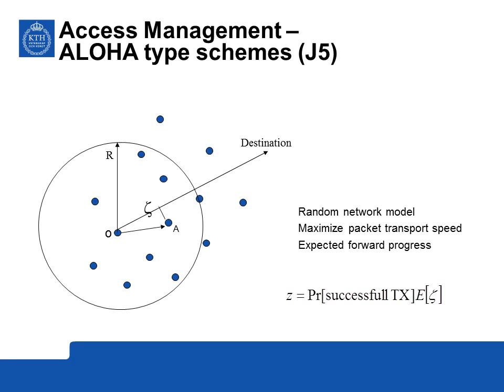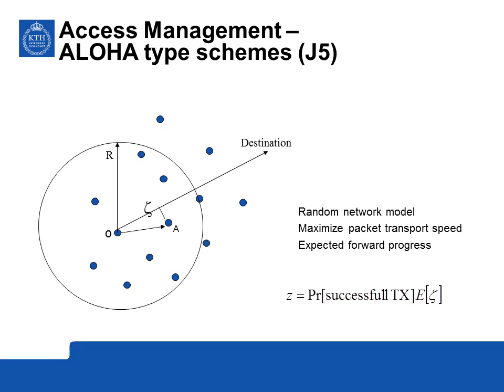Let's assume that we have a random network, and without loss of generality we can pick a certain node that has a packet, the origin O, and let's assume that that packet is to be transported towards a destination that is very far away.